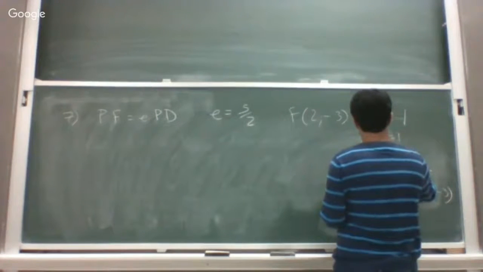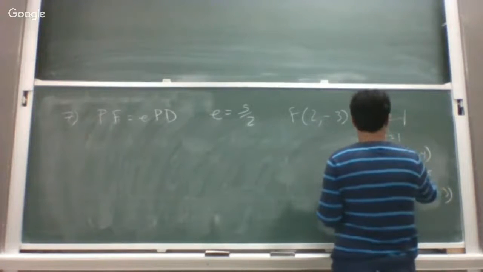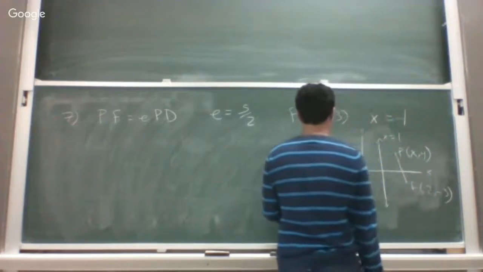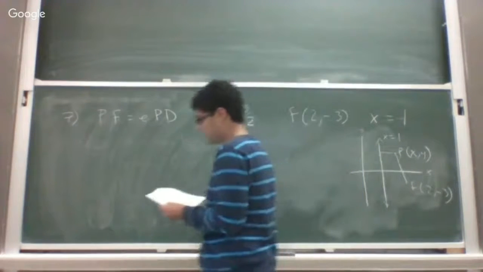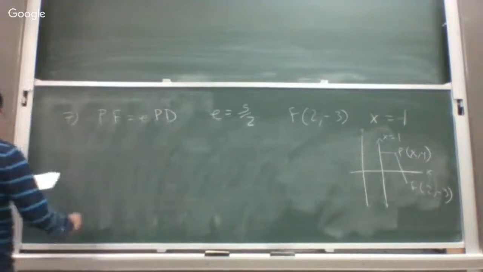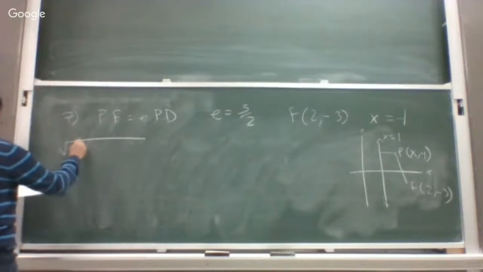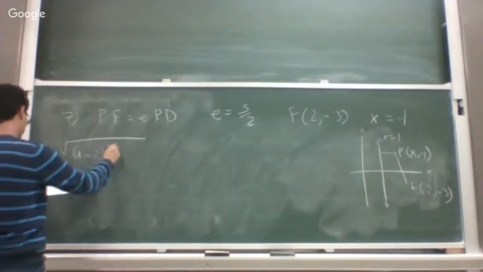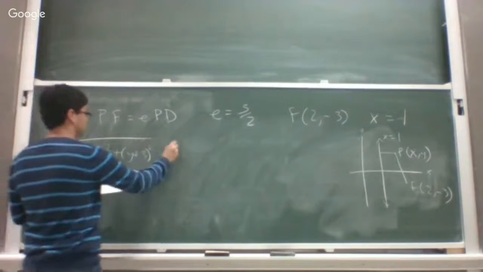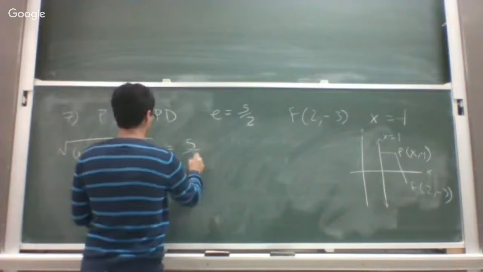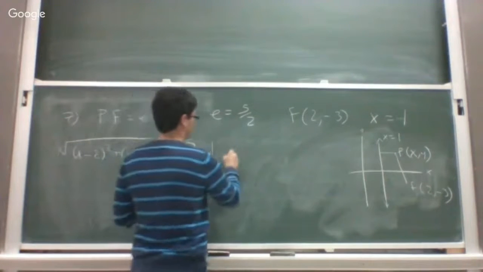If you choose a random point P, (x, y), we have a line going to F, and a line going from point P to the directrix. The distance from P to F is just the distance formula: the square root of (x minus 2) squared plus (y plus 3) squared equals 5 halves, which is E, times the absolute value of the distance from P to D, x minus 1.